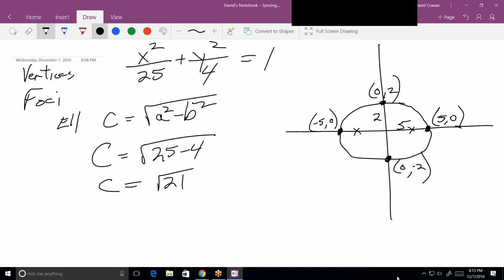Now the foci. What are the coordinates of my x point there? This point right there. 0, root 21. That's the way you want to write it. Even if the origin's not at the center, sometimes you get answers like this. That's the x coordinate. That's the y coordinate.